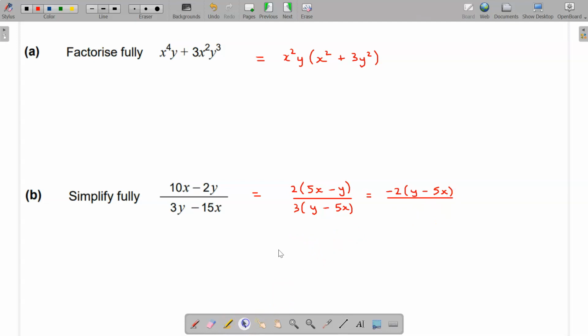Okay, so I've just got that again. And now all I need to do is just say, well, cancel out the two brackets, which are now exactly the same, and I'm left with negative 2/3. And that's the answer.